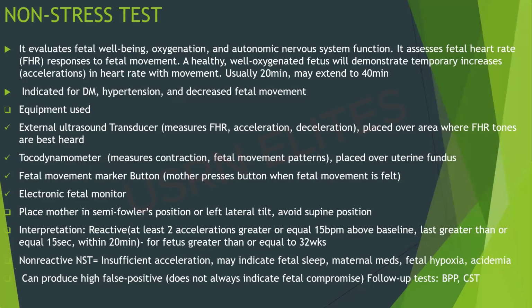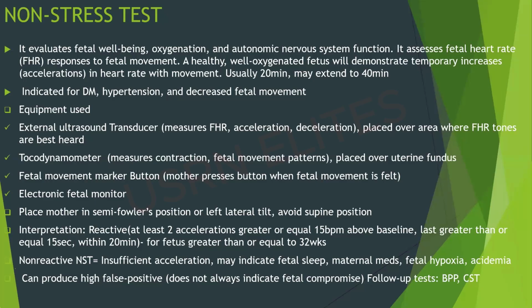So if you have a baseline of, let's say, 120, the fetal heart rate is 120. And once the child moves, it goes to 135. We get maybe the first movement affecting the heart rate, going up to maybe 135.